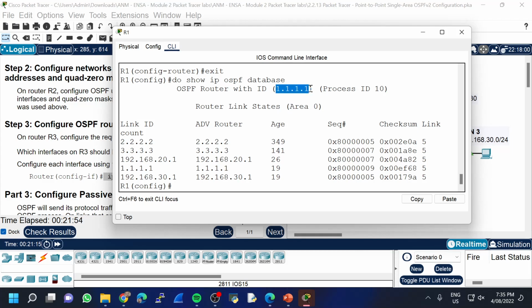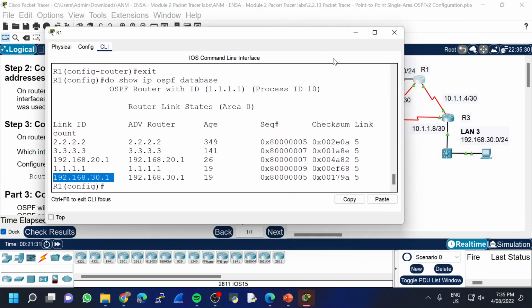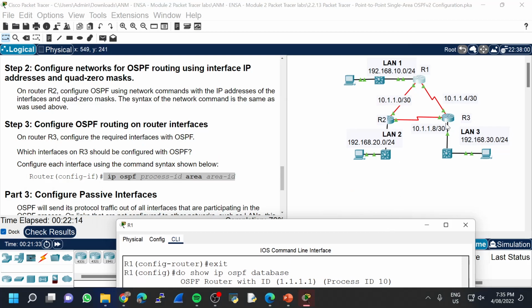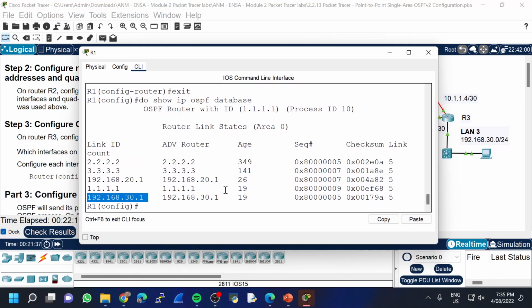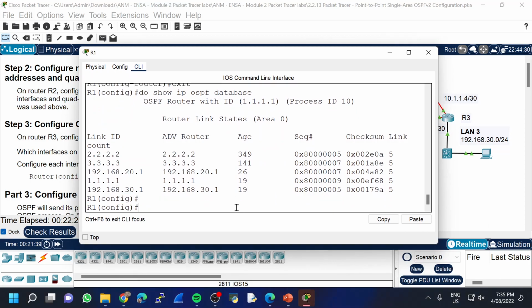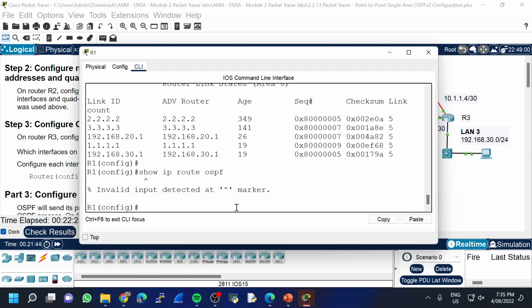This is my router ID, my process ID, and I've been receiving information from router 2 and router 3 about these networks, the 20.1 and the 30.1, which are basically the local area networks, LAN 2 and LAN 3, which have been advertised. So check it out. Show IP route OSPF.